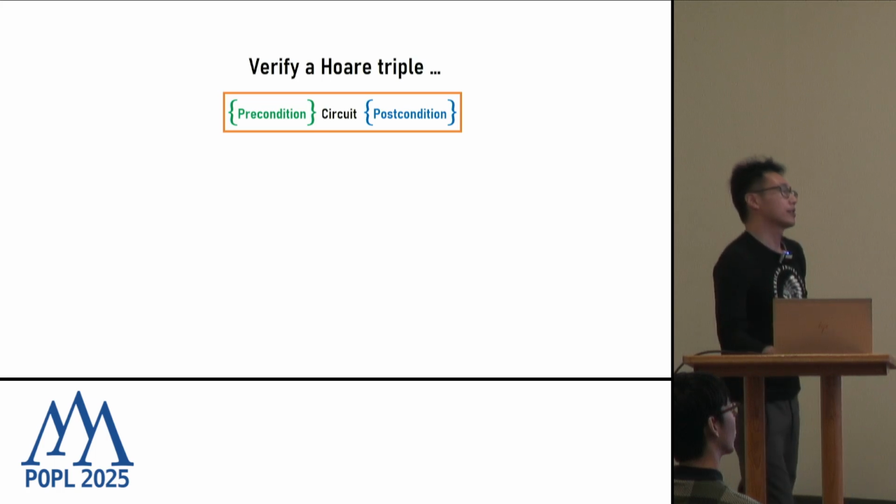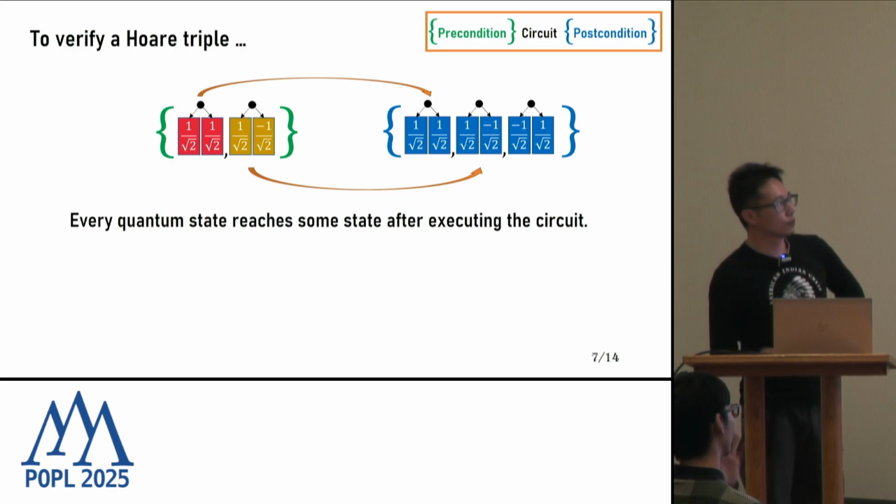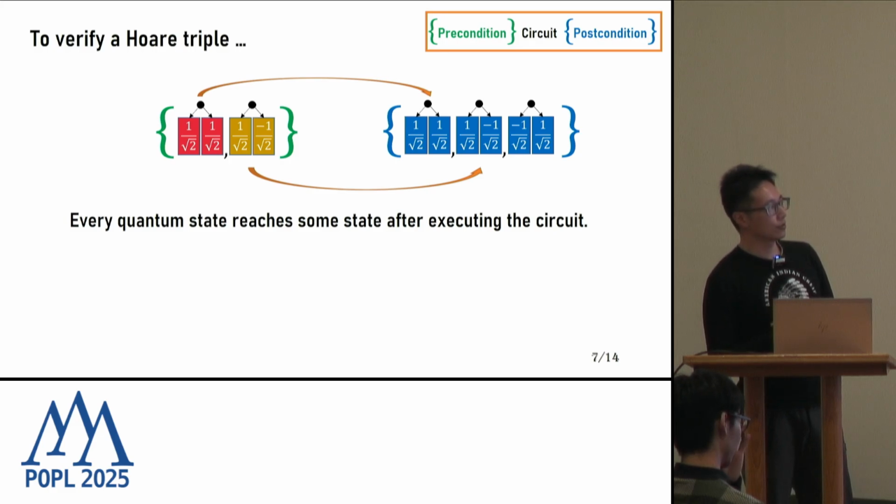And for the last step, to verify a whole triple, we want to make sure that every quantum state in the precondition reaches some state after executing the circuit.